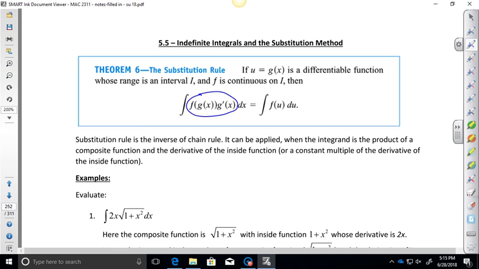So I take u as x squared plus 5x plus 7. What's the derivative? du equals 2x plus 5 dx. So this 2x plus 5 dx becomes du. Am I right? So I can write this as the integral of 1 over u du.